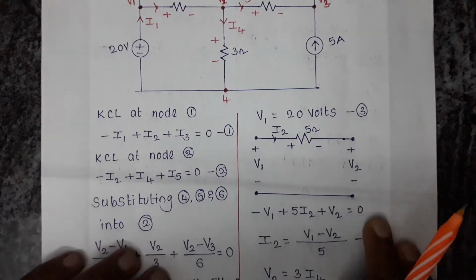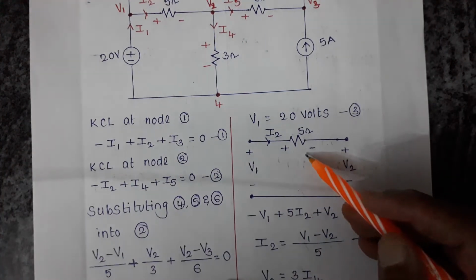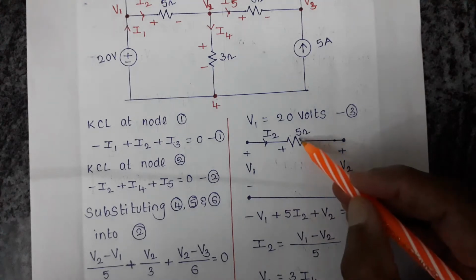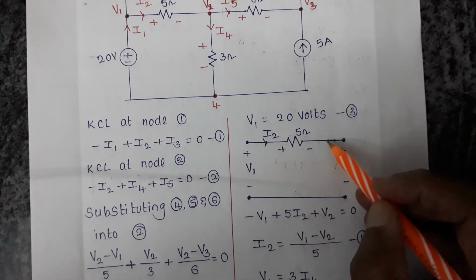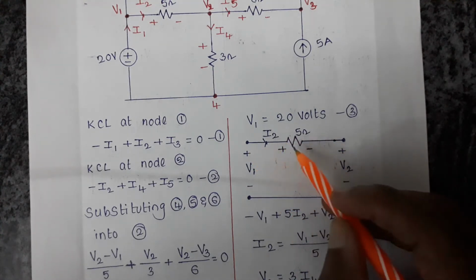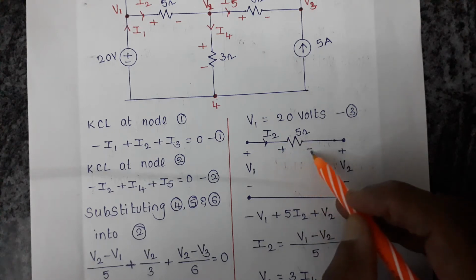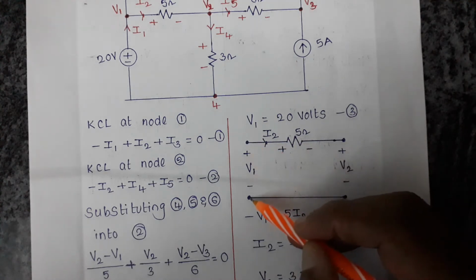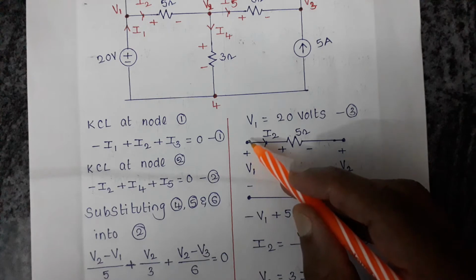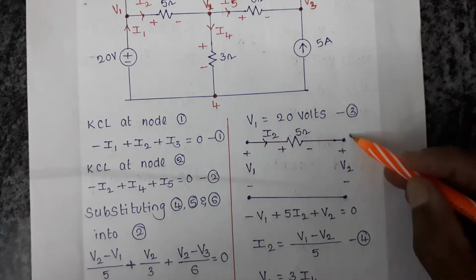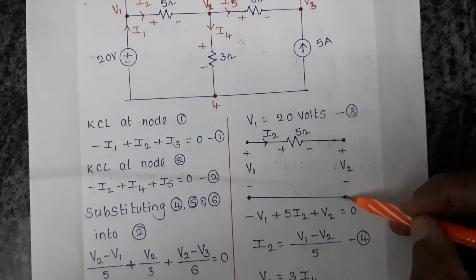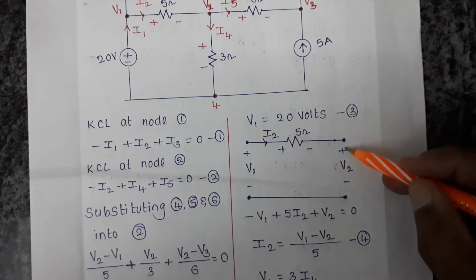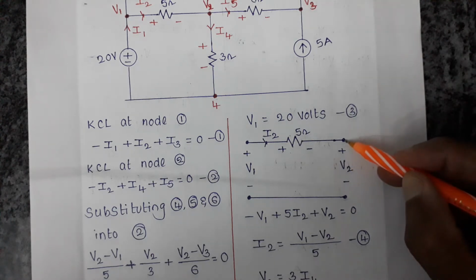I am writing all that information here in this part of the circuit. The current entering the positive terminal... the voltage from this node to the reference is V1, with positive polarity towards this node, and the voltage to the reference from this node is V2, with positive polarity towards node 2.